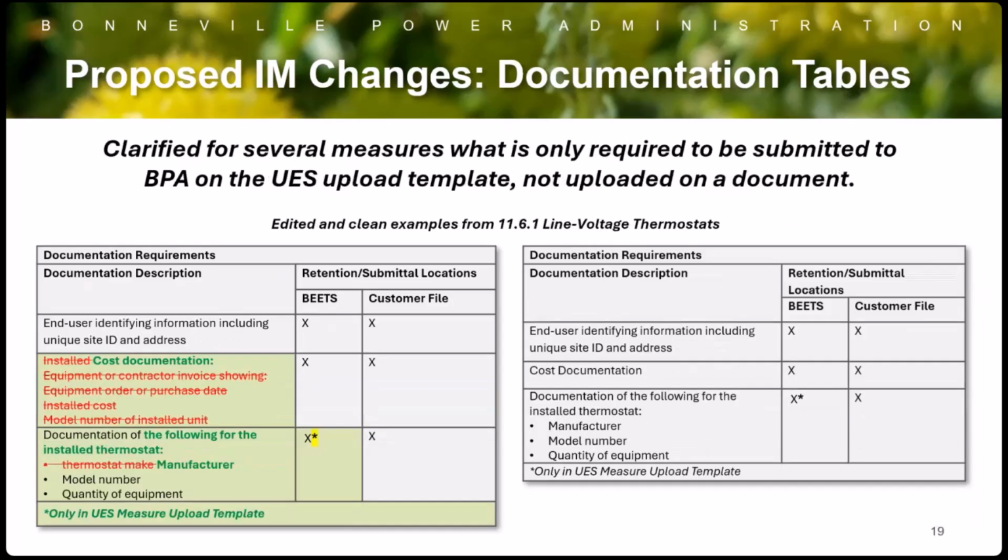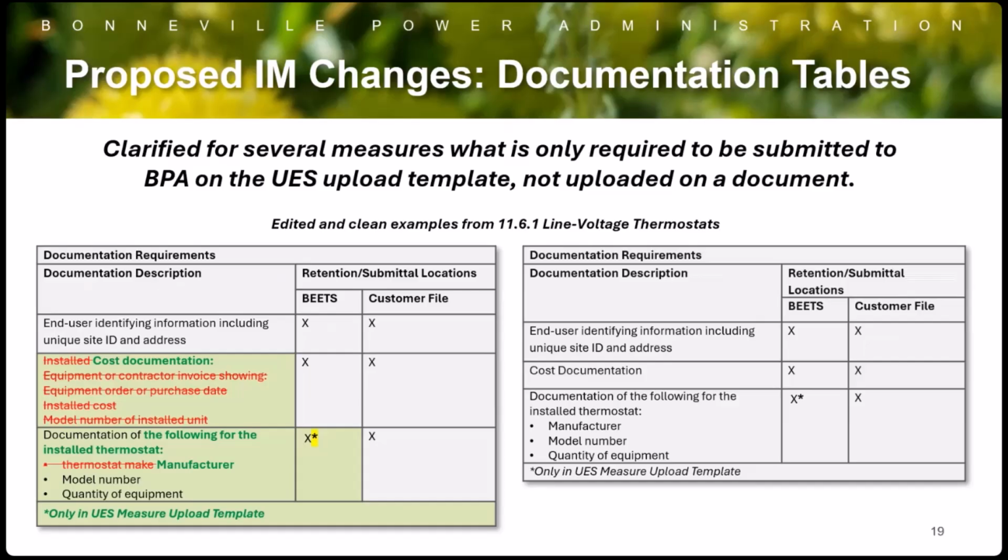So we also did want to clarify for several measures a little bit of nuance in what we mean by submitting in BEAT. There are some measures where we indicated historically for manufacturer and model number to submit that in BEAT. And we really wanted to be clear for the measures that we have added an asterisk to that particular note.